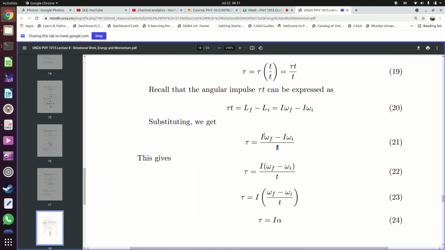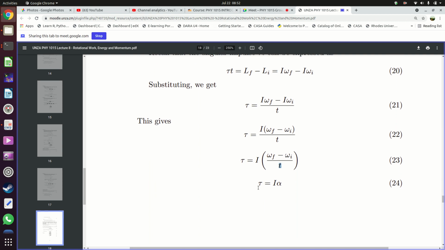Then you factor out the moment of inertia, so torque is equal to I times the bracket of final angular velocity minus initial angular velocity, divided by the time. This bit, omega f minus omega i divided by time, is your alpha, your angular acceleration. Basically you have torque is equal to I alpha.